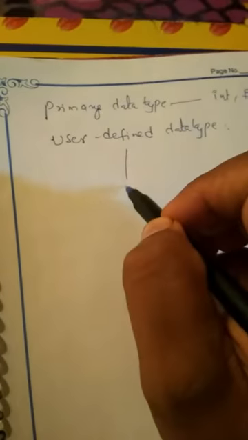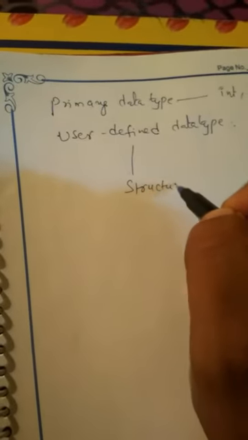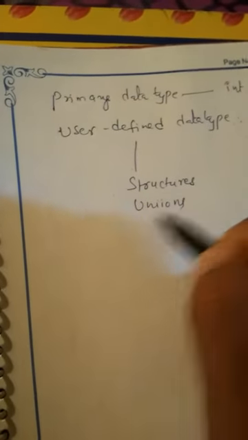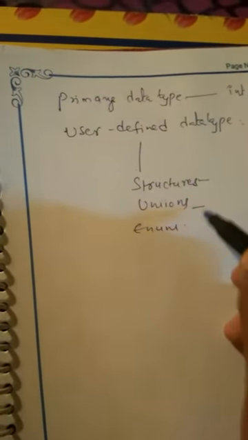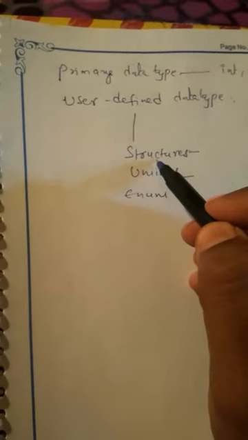Secondary data types, or user defined data types, are structures, unions, and enumeration. These are user defined data types, meaning they are defined by the user. Here the user means the programmer.